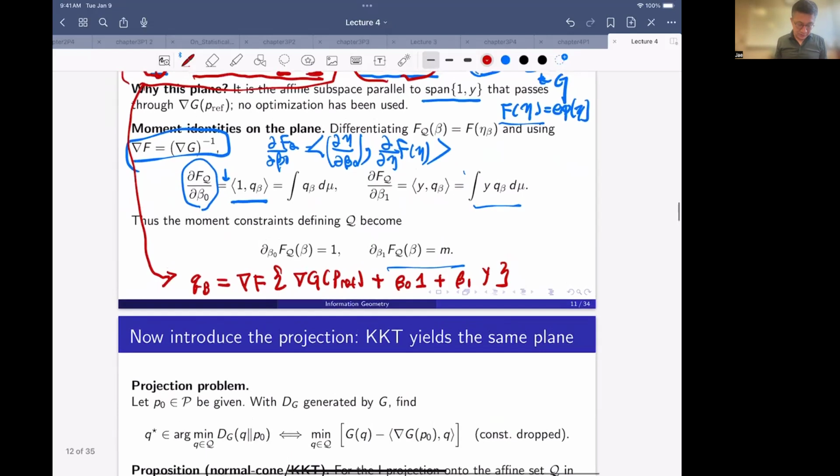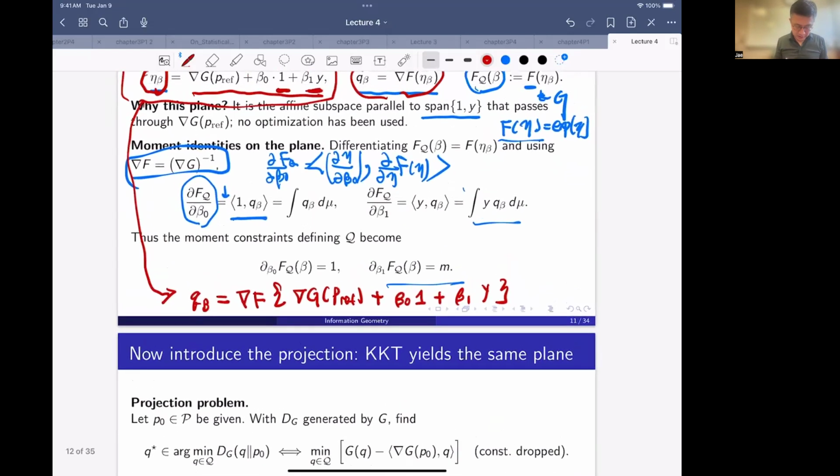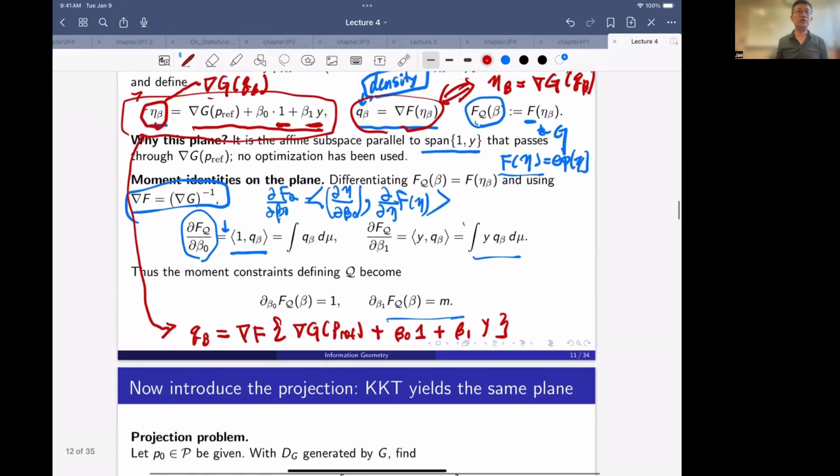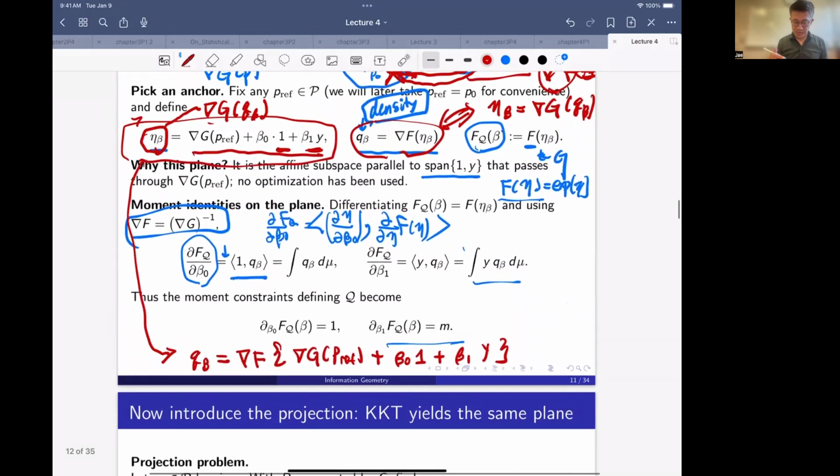So basically this gives a parametric form of the density function using the bases in the dual space. And this part itself uses the chain rule, right?